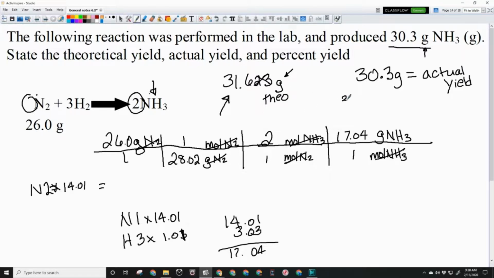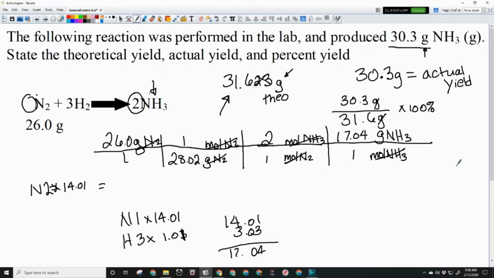So we're going to take our actual yield divided by our theoretical yield. Okay, grams cancels grams, so we're just going to be left with a number. We're going to multiply by 100% to get it into a percentage.